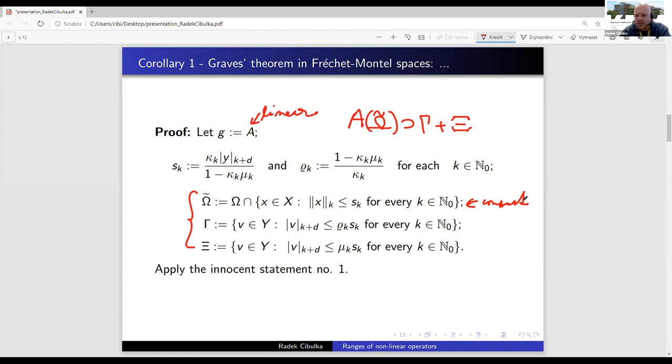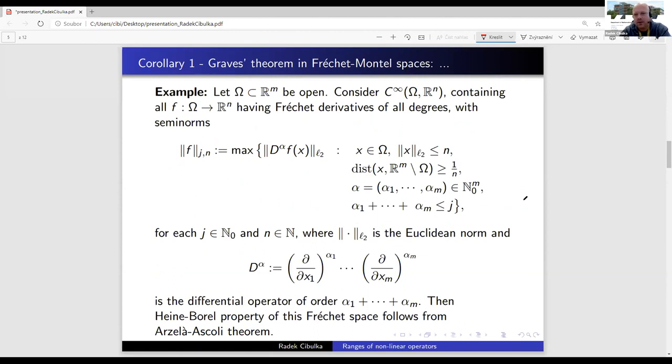So I'm rather abstract so far, so just a small example of a Fréchet-Montel space. For example, you can think about the space of infinitely many times differentiable functions defined on some open subset omega of R^m, and you can define the seminorms in the standard way in order to make this space a Fréchet space.